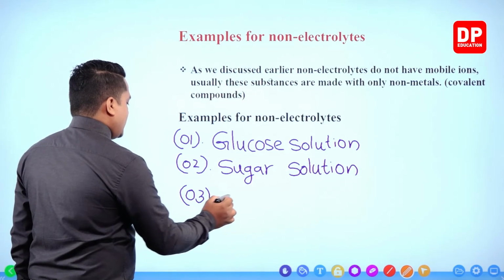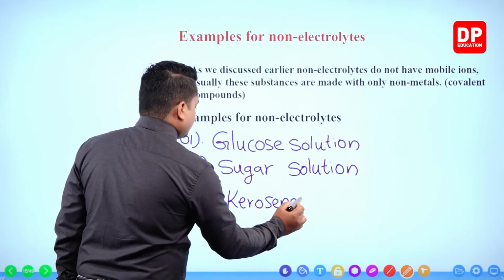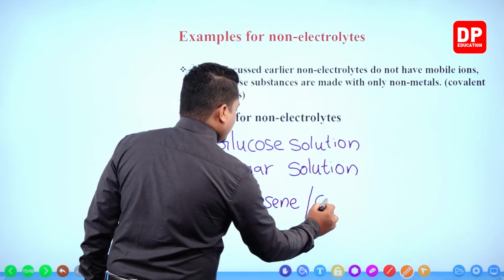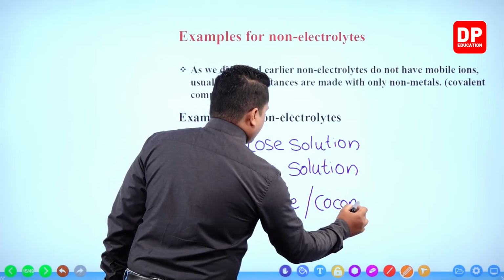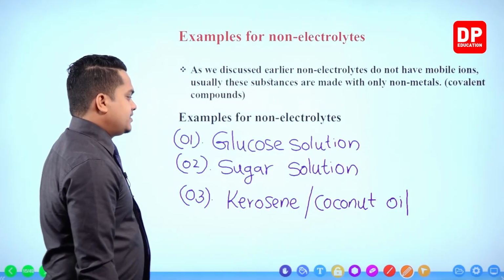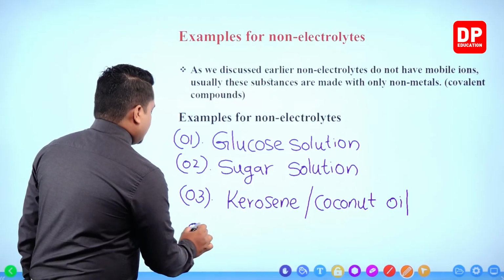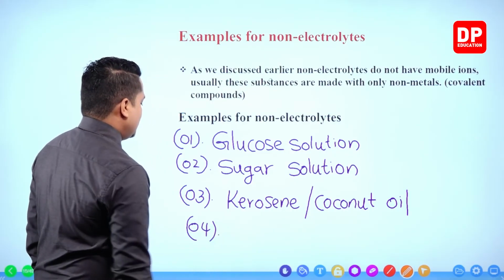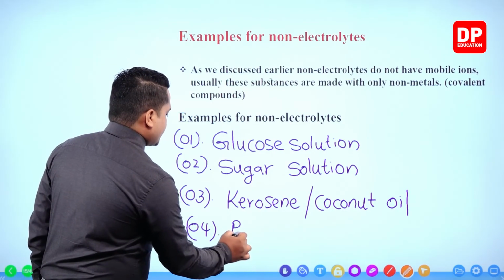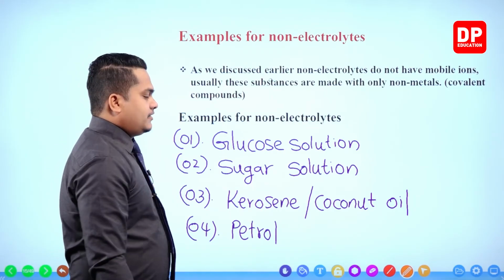Then number 3, kerosene oil, kerosene and coconut oil, right, both of these things are correct. And petrol, diesel, those are also correct, my dear children. Petrol, right, so that's enough.